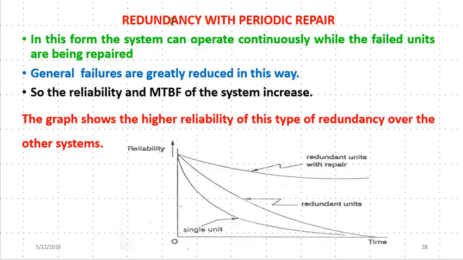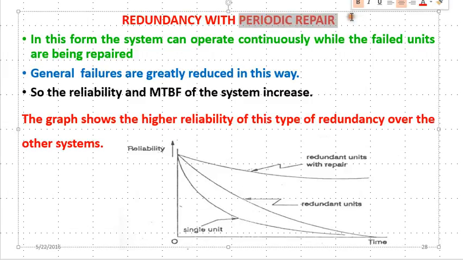Now, redundancy in general has what we call periodic repair. With periodic repair, it simply means that whenever one of the systems is working, if it fails, we put the second system in operation. As the second one is working, we repair the one that failed, and even those that didn't fail, we should be maintaining them from time to time.